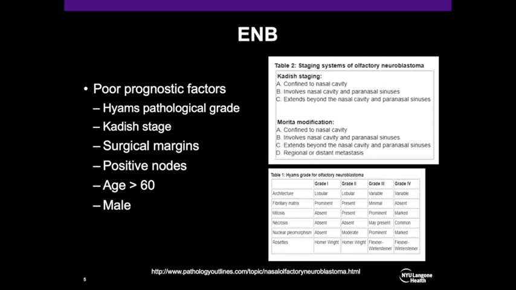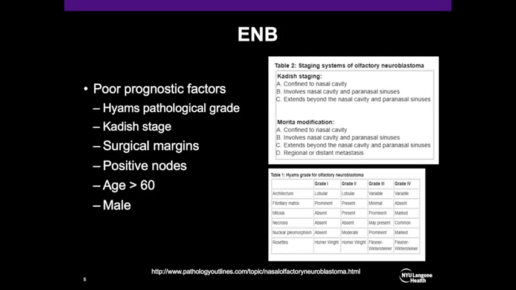We will dismiss the high-grade pathological grade because it's beyond the scope of this talk, and let's focus on the Kadish clinical staging. It's pretty simple actually, and heavily dependent on imaging. It answers a basic question: where is the mass?